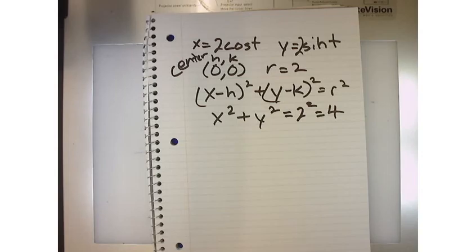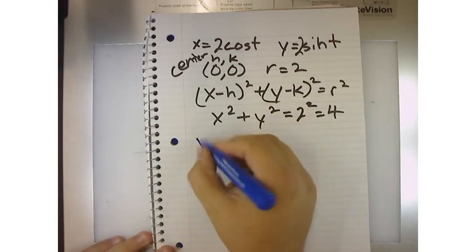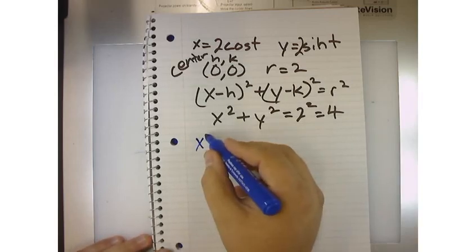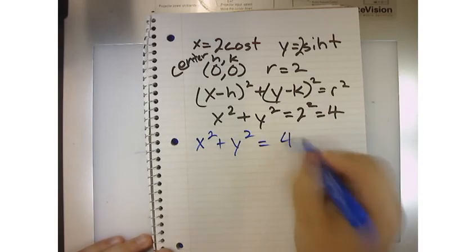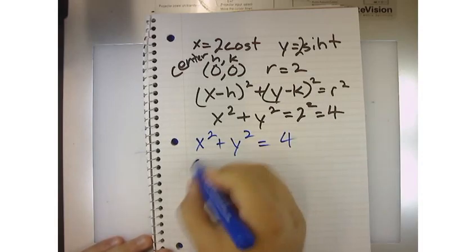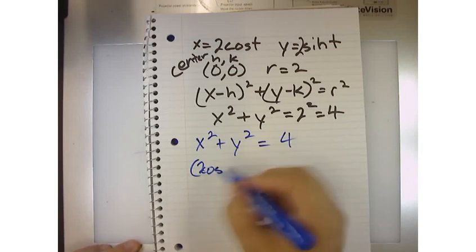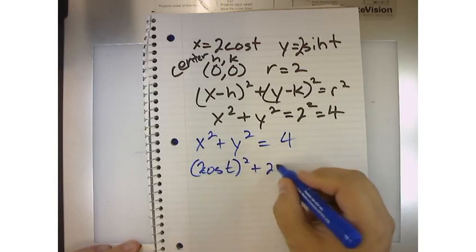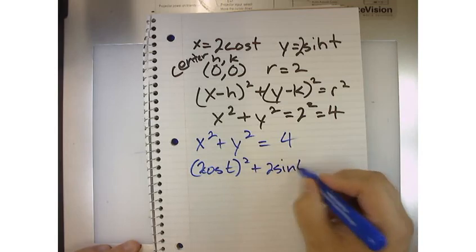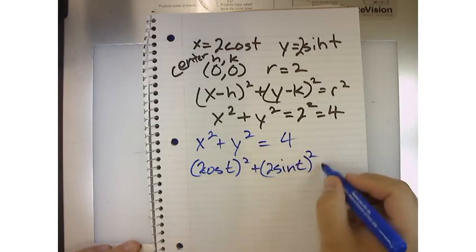Okay, so I'm going to use a different color marker because this is what we're supposed to be doing according to the textbook. We're going to say that x squared plus y squared should equal 4. So I'm going to substitute in my parametric equation for x. I'm going to say 2 cosine of t squared plus 2 sine of t squared should equal 4.